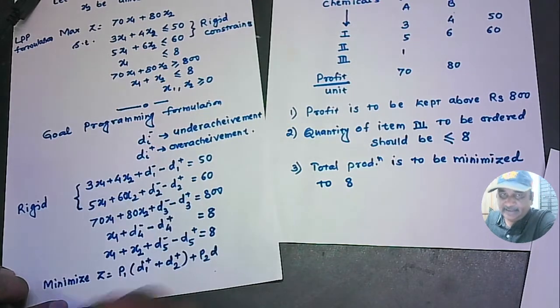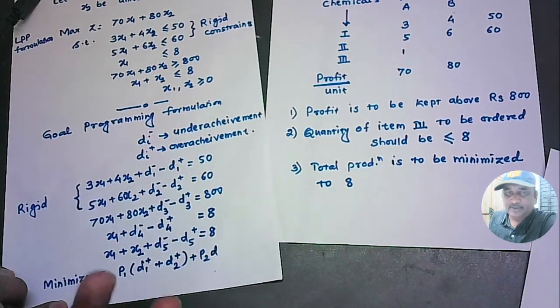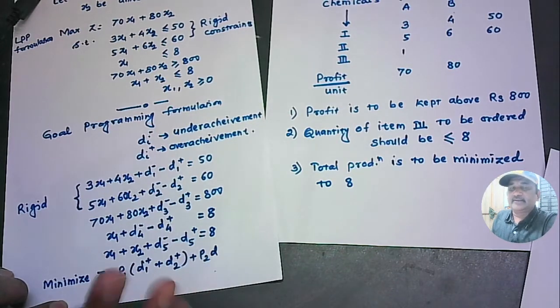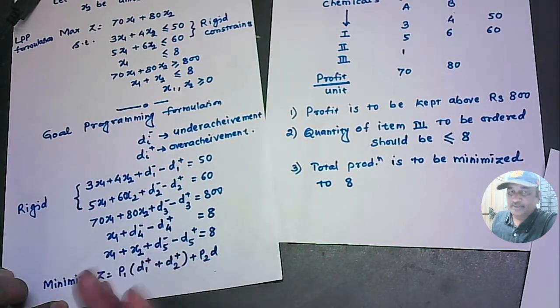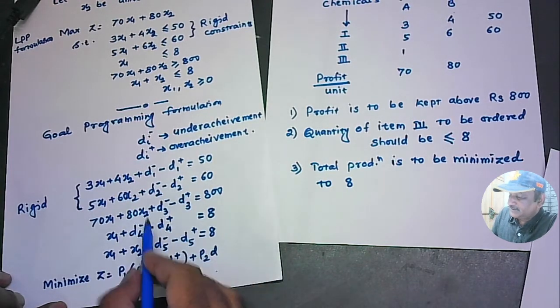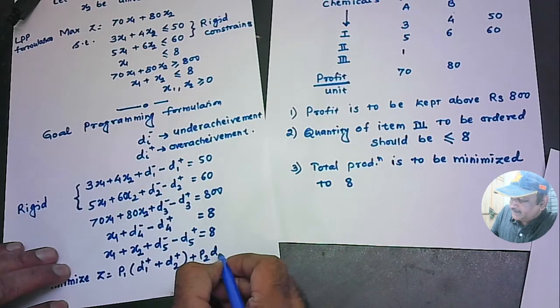Even if it reaches 800, that's fine for us. If it exceeds 800, that is good for us, but we are not insisting on that. We are insisting on minimizing D3 minus here.